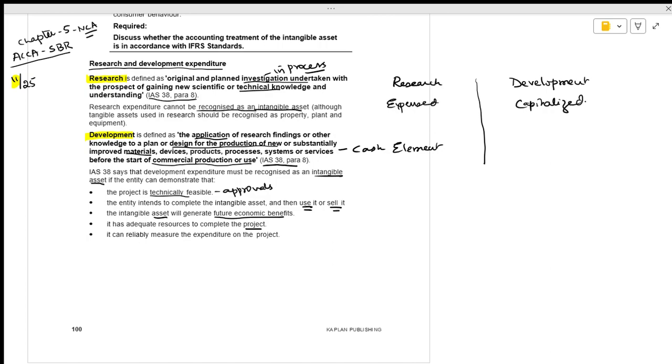You should not leave the project in the middle. Okay, you have to continue it till the end, and it can reliably measure the expenditure on the project. Means definitely what you are doing, we are taking into consideration the matching concept. Is it right? Here you have to match the income with expenses.